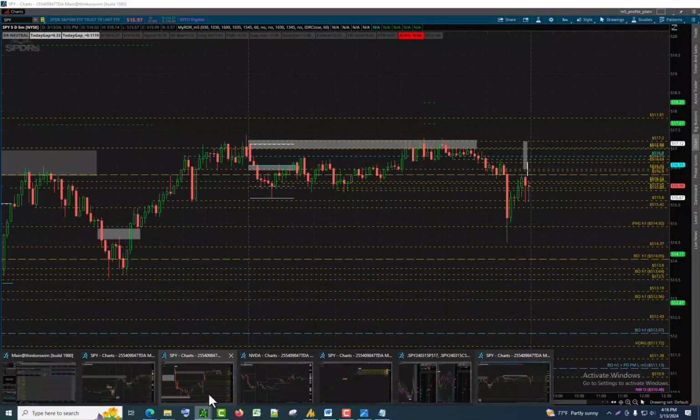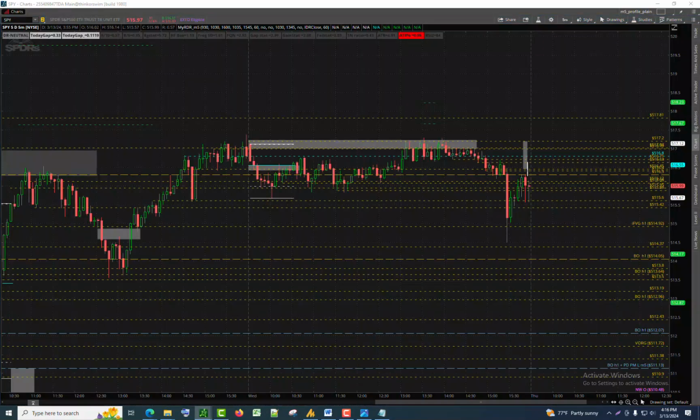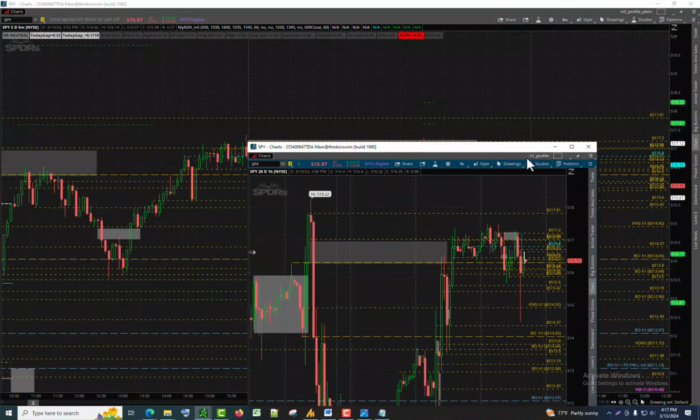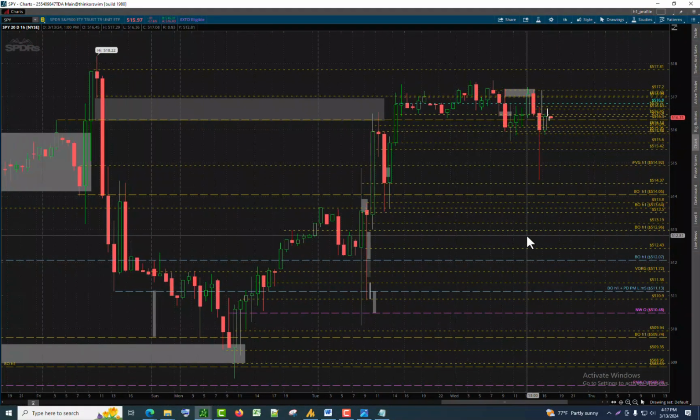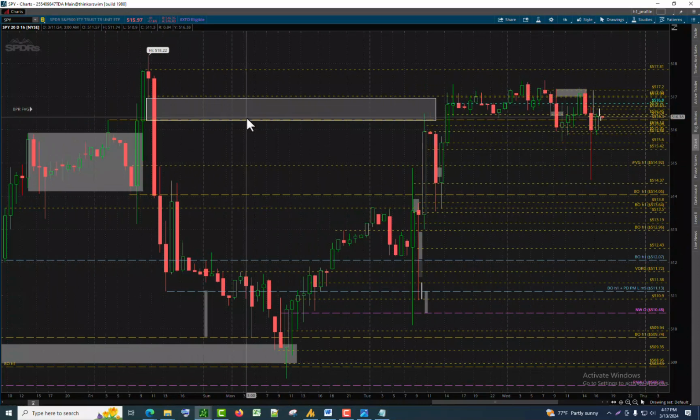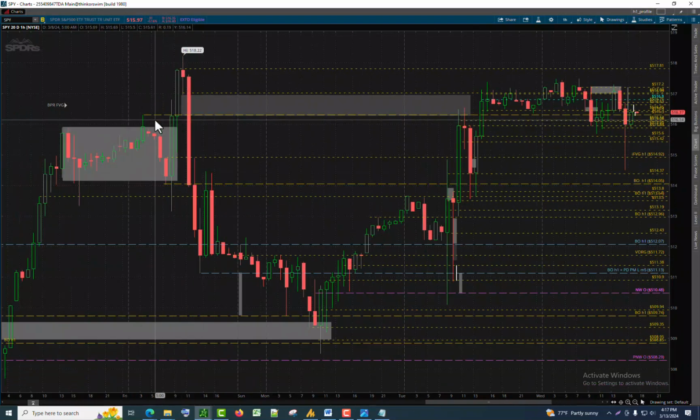Look at the 1 hour time frame right here. So this is the level. See, this level is the point of interest right there, breakout level.